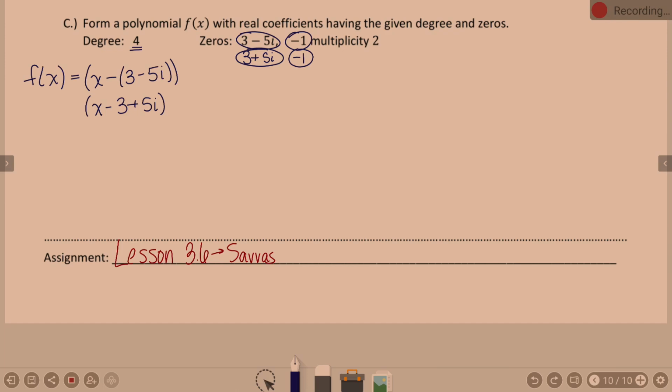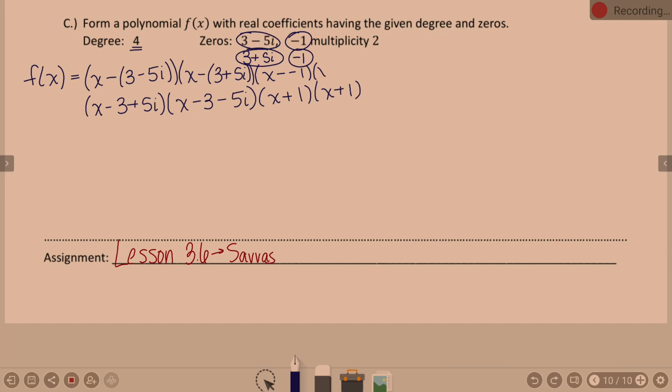Then we also have x minus the quantity 3 plus 5i. If I take off those inside parentheses, x minus 3 minus 5i. What about the negative 1? Officially, it's x minus negative 1, which is x plus 1. And then what do we also have? Another x plus 1.